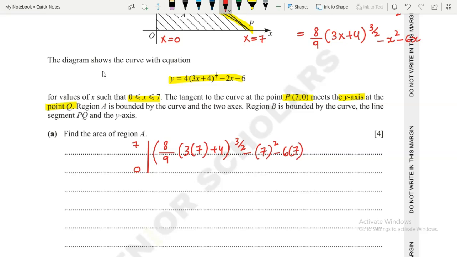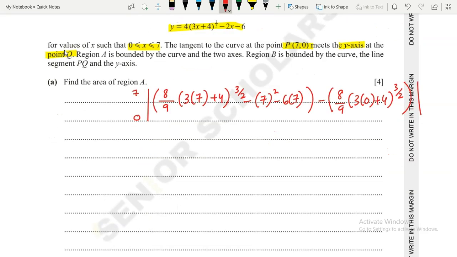Because x is associated with every term in this equation, at x = 0 we can ignore the x² and 6x terms, since they are simply 0. We just write the 8/9 term: 3 × 0 + 4, to the power 3/2, so ignore the rest.